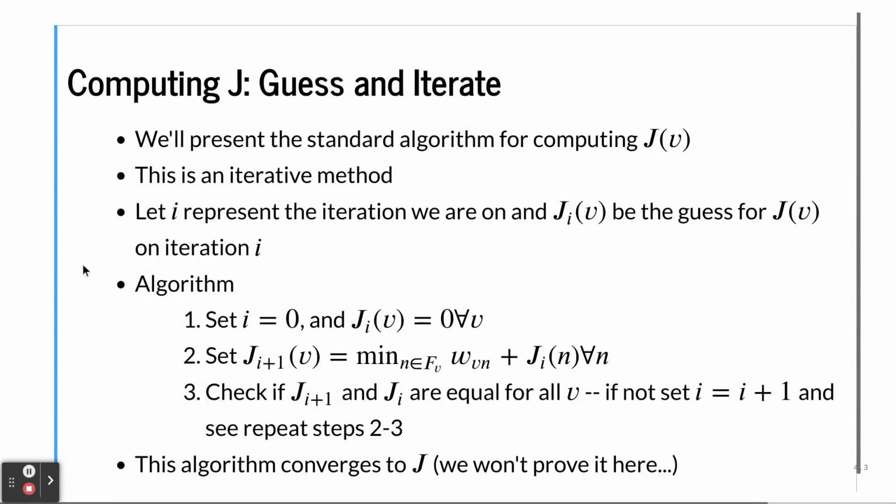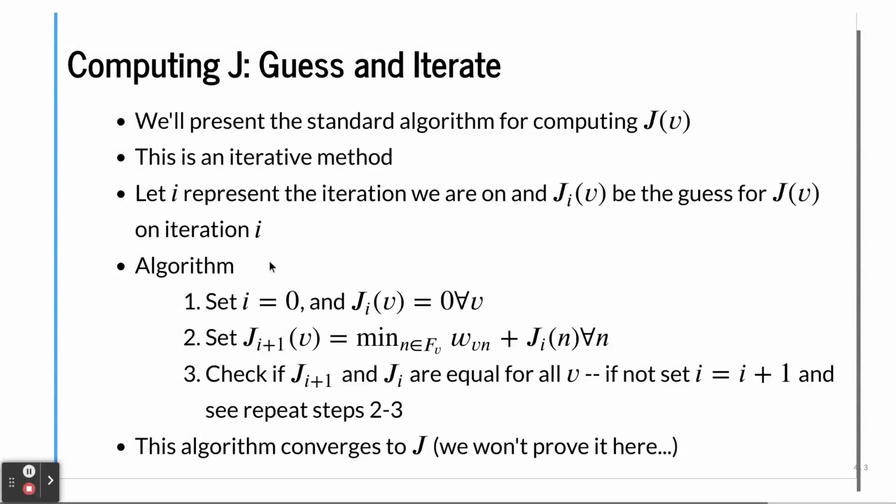I don't want to call it magic, but the brilliance of this algorithm that Bellman gave us is that given any guess, we can follow steps 2 and 3, and we'll eventually converge on the true answer, J. So the way we do this is if we start an iteration with a current guess, J sub i, we'll set J sub i plus 1 at each node v equal to the minimum over all nodes n in the neighborhood of v of the weight of that edge from v to n plus our current guess, J sub i, of the cost to go from the destination n.